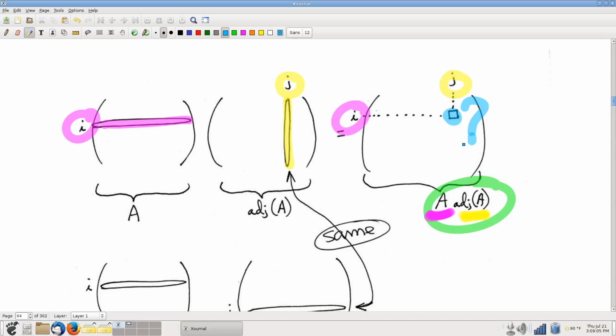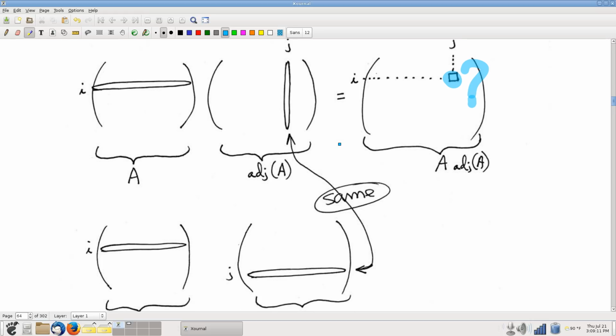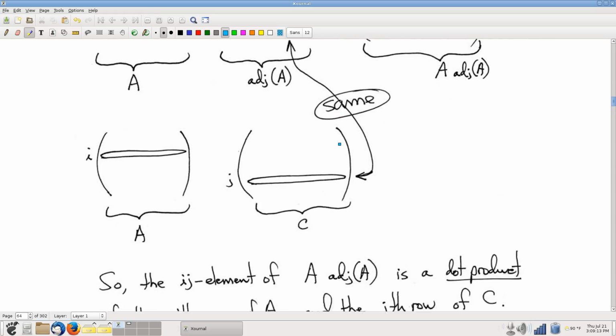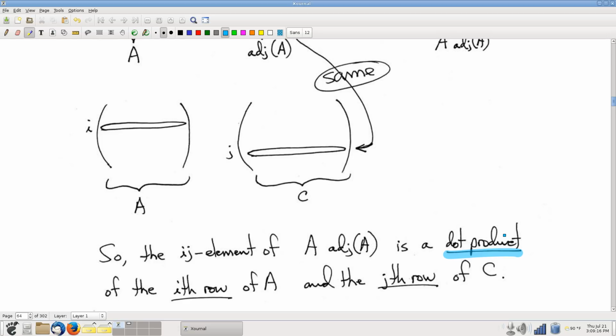what do I get? Well, we have this formula down here that says that I'm just going to be taking a dot product of the corresponding row of the A matrix and the corresponding row of the C matrix. But wait a second, i is equal to j.